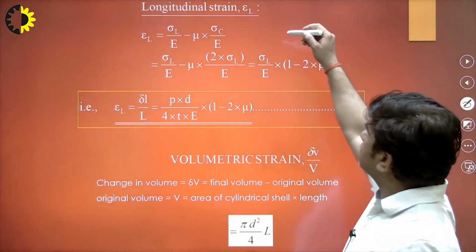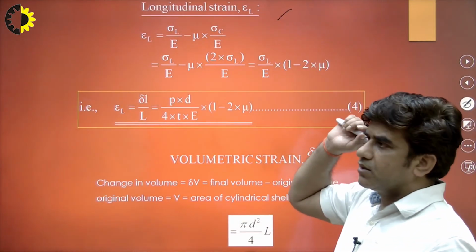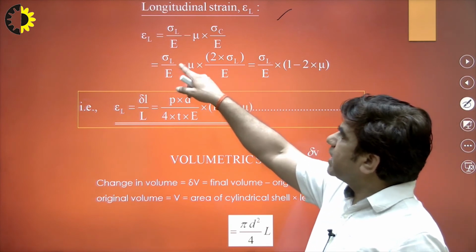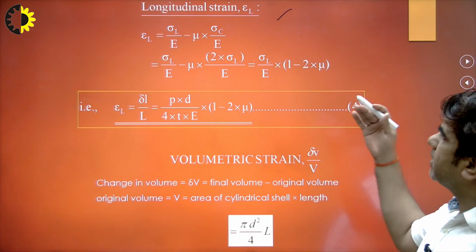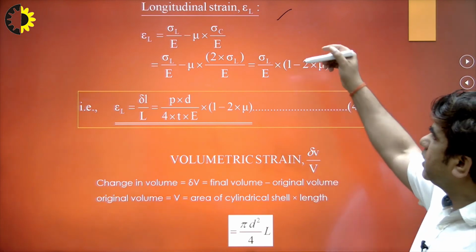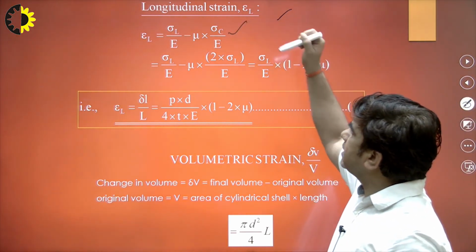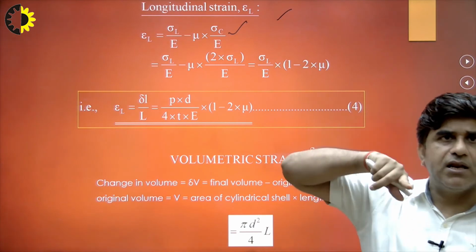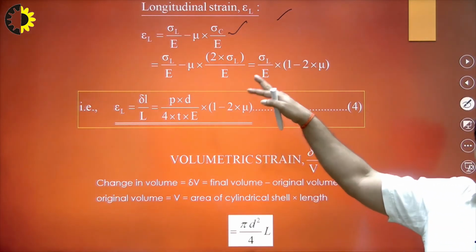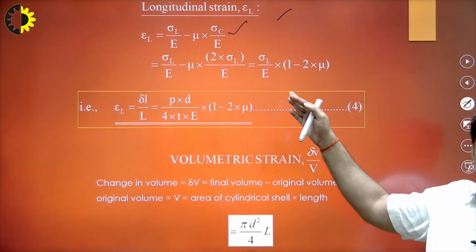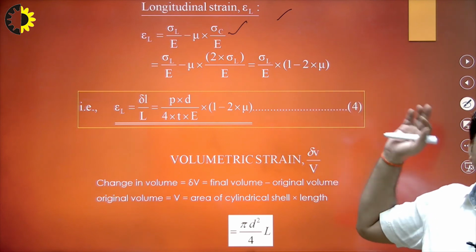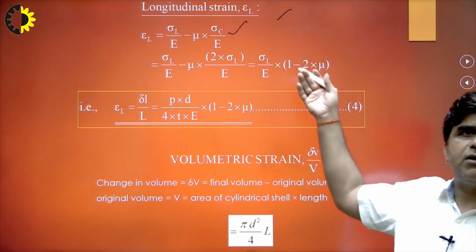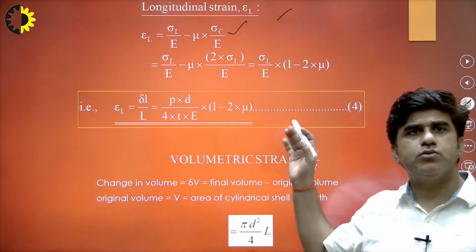Now, longitudinal strain, epsilon L equal to sigma L upon E minus mu sigma C by E. So, putting the value of sigma C again in terms of sigma L, this epsilon L can be reduced in terms of sigma L and E and mu. So, epsilon L equal to sigma L by E into 1 minus 2 mu.